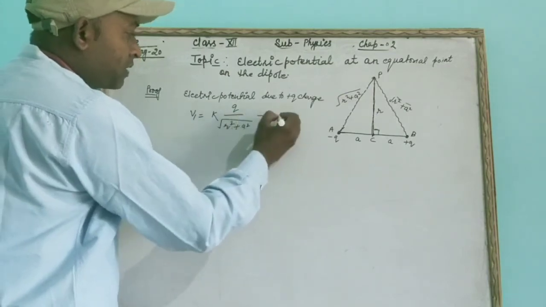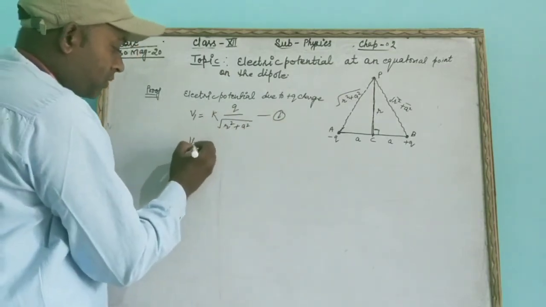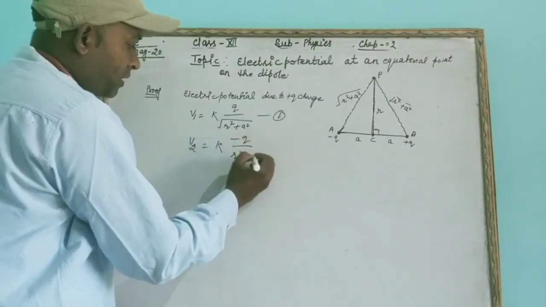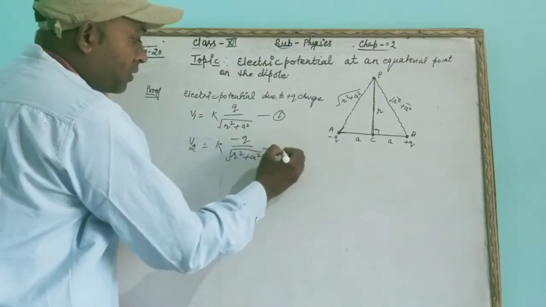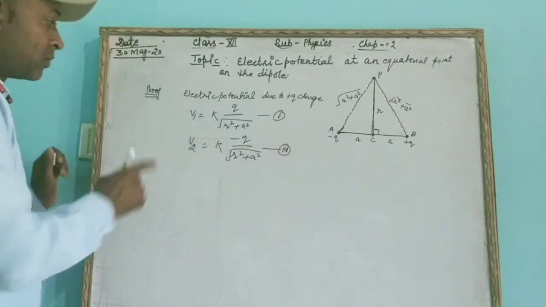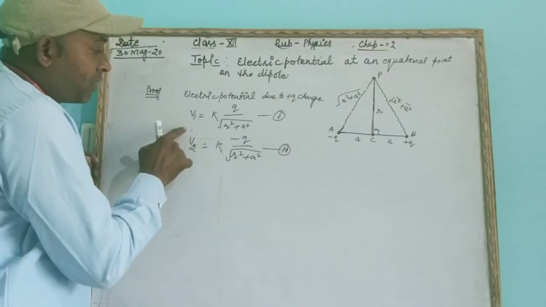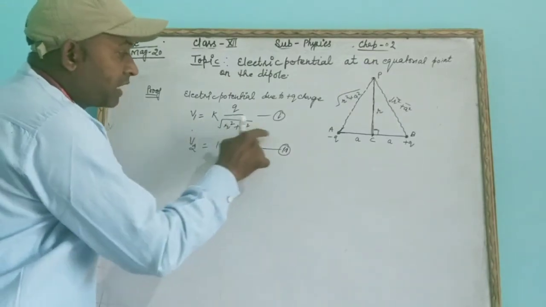First equation. Now V2 is equal to minus kq upon the square root of r square plus a square. This is the second equation, the electric potential due to the negative charge.